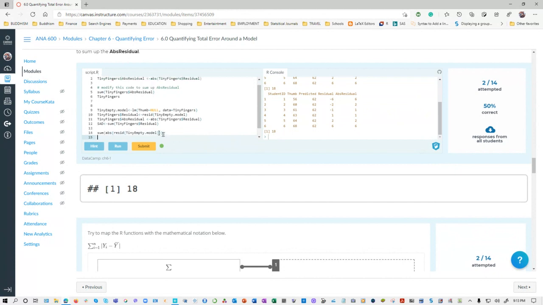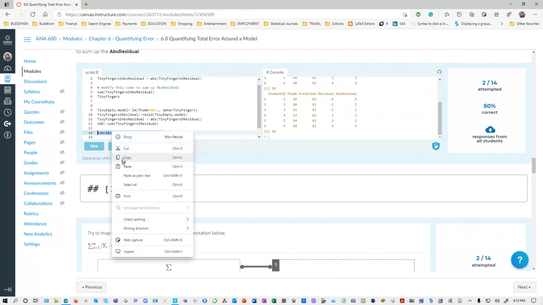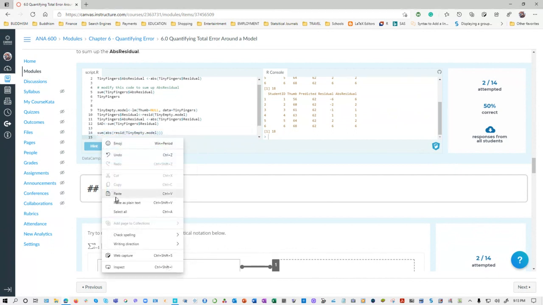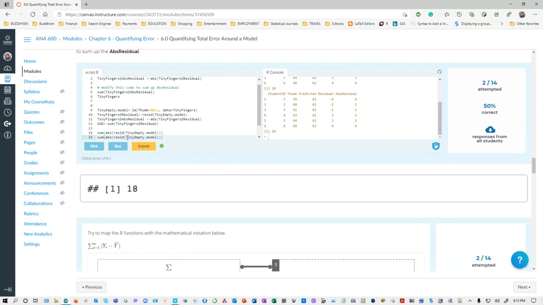Last one. So let's say instead of that one, let's see this one. I'm going to take this out and then say thumb tilde null data equals tiny fingers.